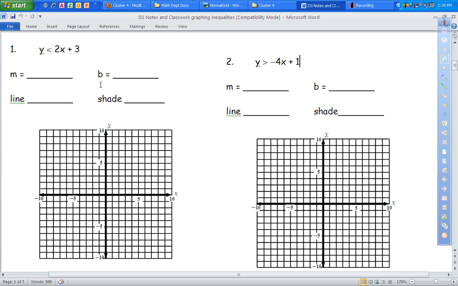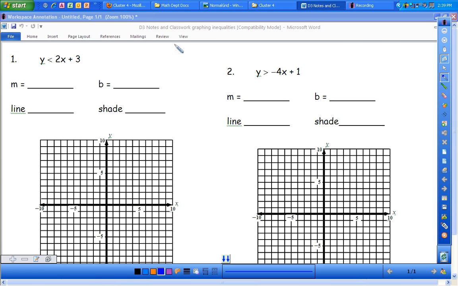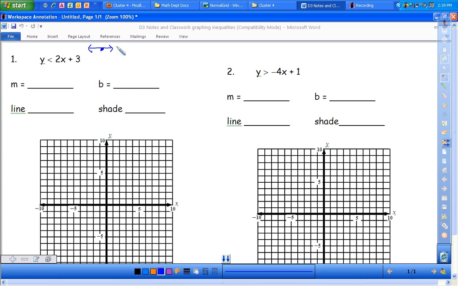Well, the only difference between inequalities and equations, as we saw before when we graphed them on the number line, was that when we had something that was a solid dot on the number line, we have to have a way to represent this when we graph it on the coordinate plane, as we have down here. Well, that's very easy. Since we had a solid dot on the number line, when we put it on the plane, we're just going to use a solid line.